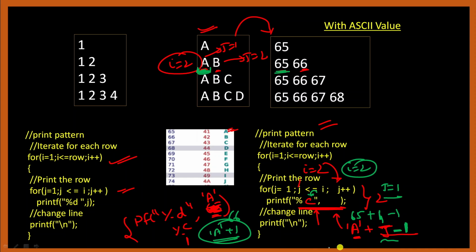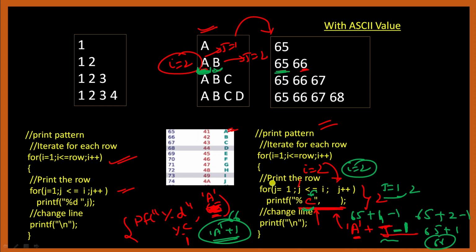Next, for j equal to 2, it will be 65 plus 2 minus 1, that is 66, so B will be printed. This way A, B was getting printed.